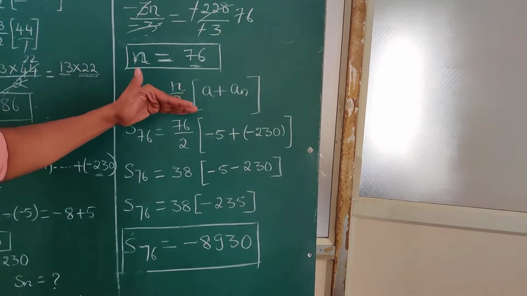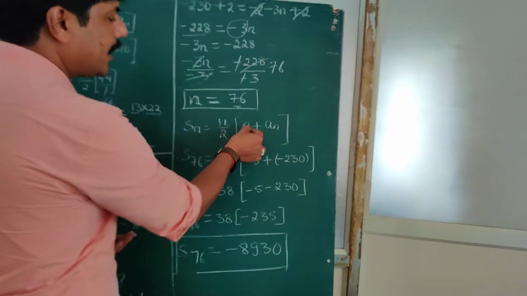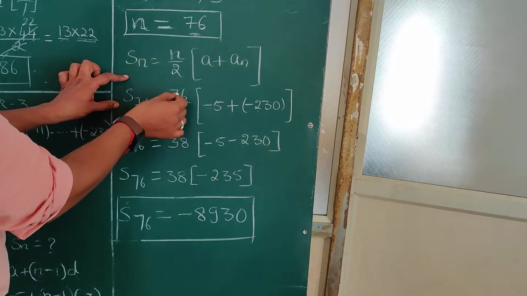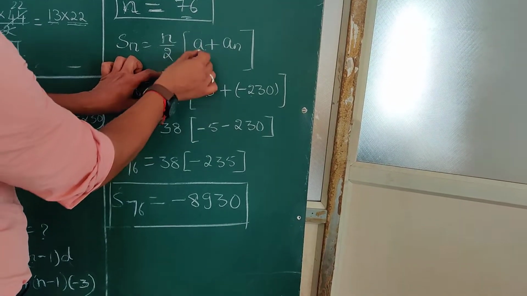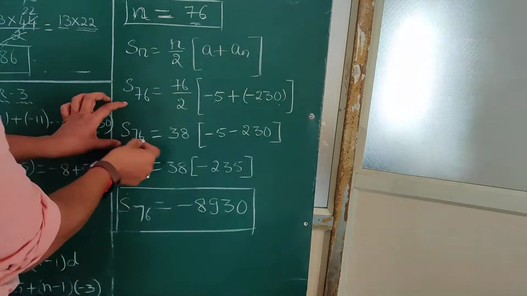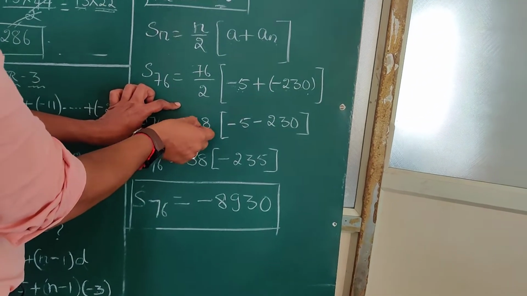Now we have got n is equal to 76. Now apply the formula Sn is equal to n by 2 into a plus an and go for substitution. S76 is equal to 76 by 2 into a, which is minus 5, plus an, which is minus 230, substituted here. 76 by 2 is divisible, therefore 38.